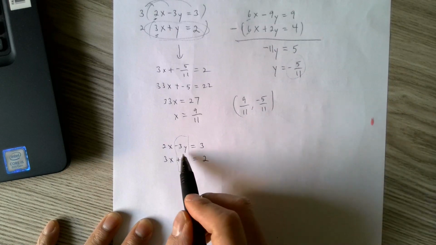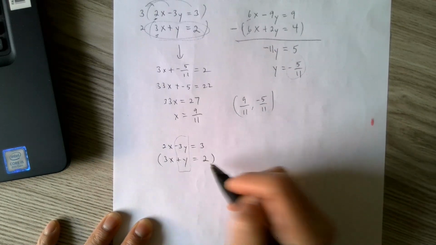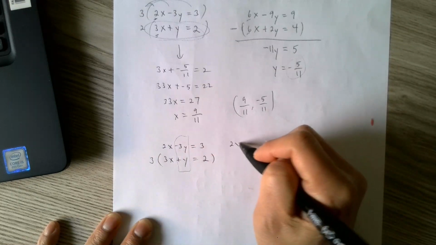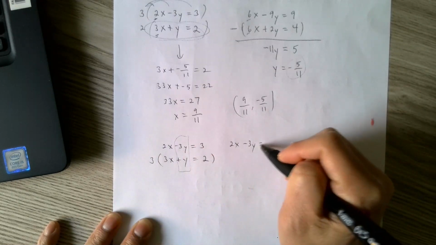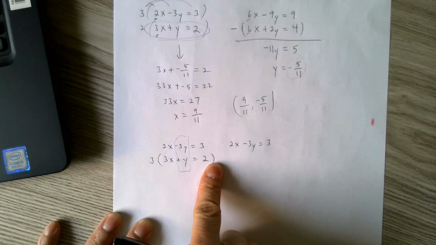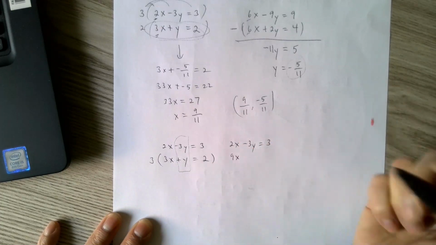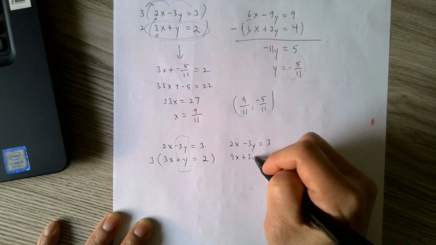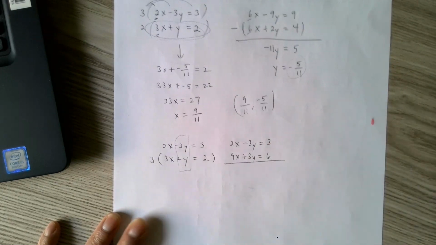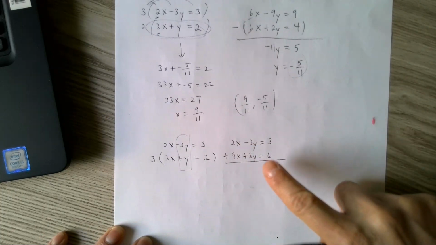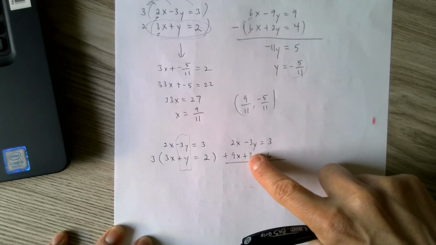So I can multiply this equation by 3 and leave this one alone. So leave that equation as is, multiply the second one by 3, and then add. I'm not going to subtract here because this is a negative 3 and this is a positive 3.